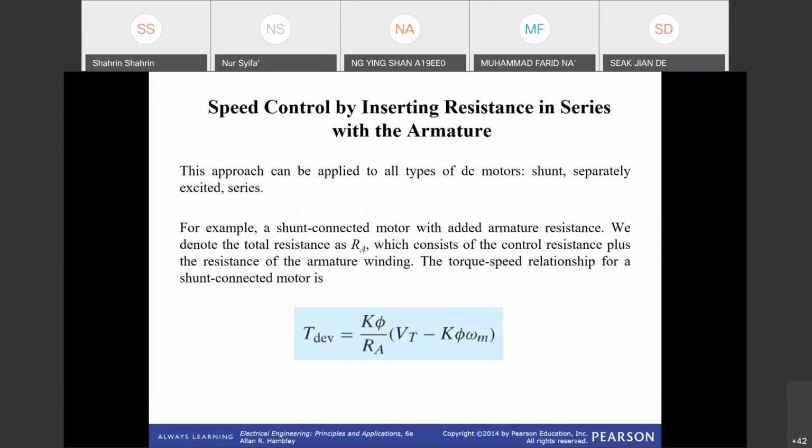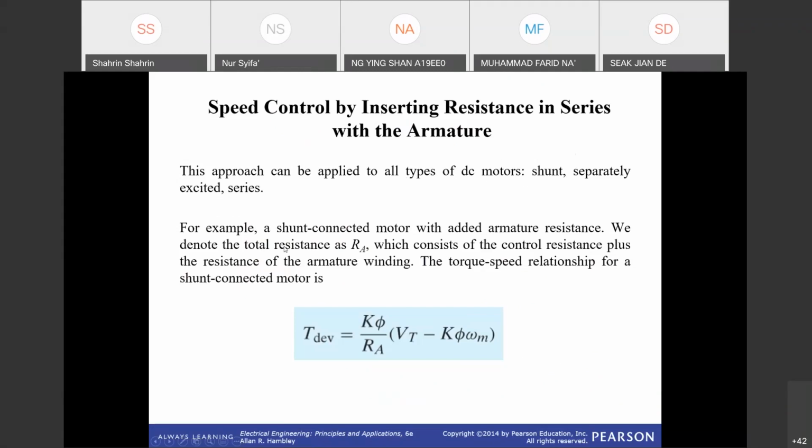And the last one is just by inserting the resistance in series with the armature circuit. So this method can be applied to all DC motors, the shunt, separately excited, and also series. Okay, for example, a shunt connected motor with added armature resistance.